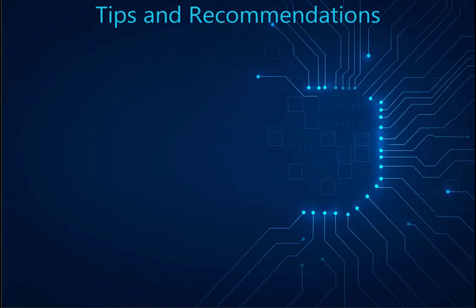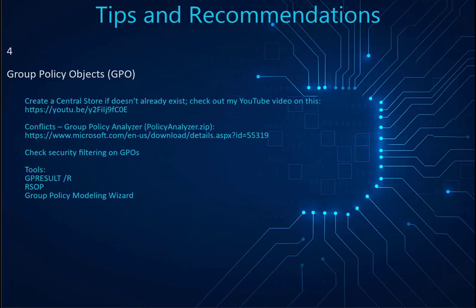And again, that ties into number 4, group policy objects with the OU redesign. Something we did not discuss before as far as the common mistakes in Active Directory, but it is kind of a subcategory on that: the lack of a central store for group policy objects.